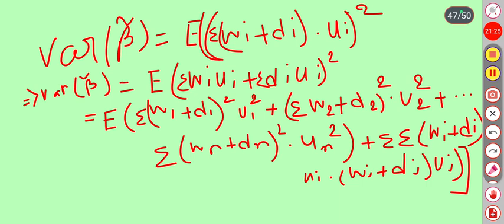Similarly wn plus dn, whole square, into un square, and the cross product, double summation i equal to 1 to n, j equal to 1 to n, i not equal to j, expected value of ui uj, wi plus di into wj plus dj into ui uj.